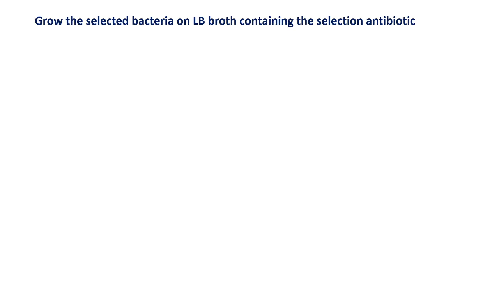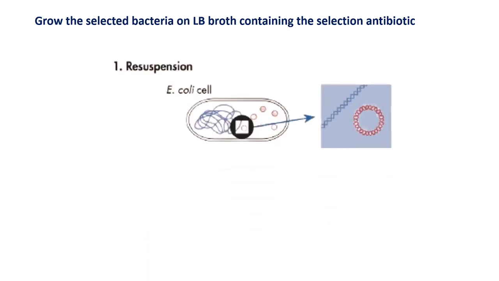So you can use the selection antibiotic, whose resistance gene is present in the plasmid, for the selection of the bacteria containing the plasmid. So first is growing the bacteria in the selection antibiotic. After we get a sufficient amount of growth, we will centrifuge the bacteria so that we get the bacterial pellet.